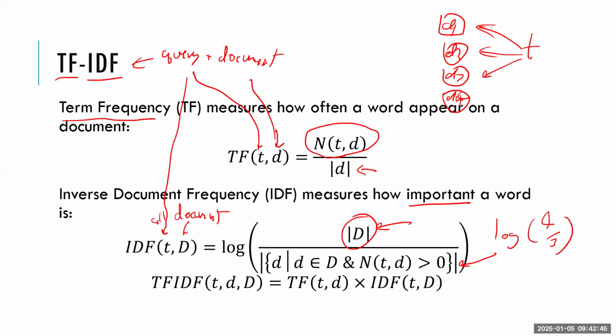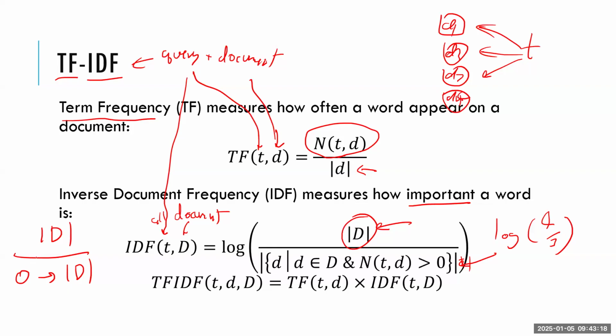It could range from 0 to the number of documents. So we have D at the top, and in the bottom we have 0 all the way to D. And because we cannot divide by 0, sometimes they will just add 1 at the bottom so that you can divide by a non-zero number.